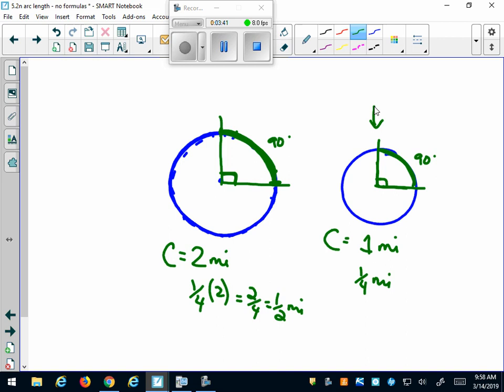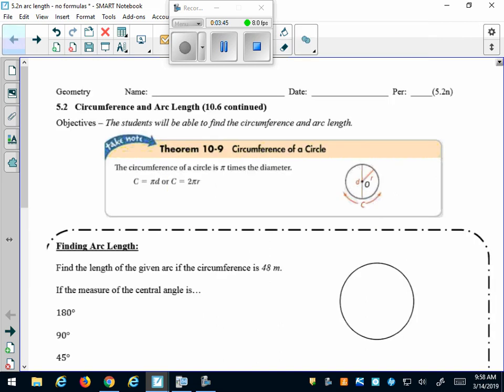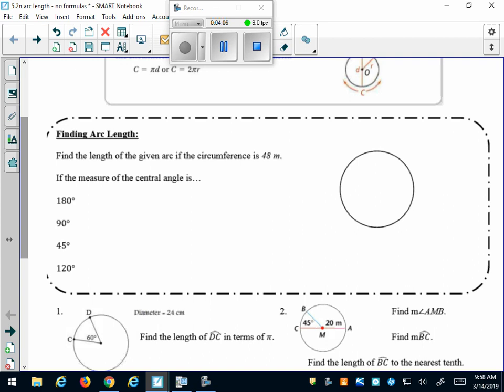So this lesson is basically finding the length of the arc. Now, there's a difference between the measure of the arc, that's in degrees, and the length of the arc. That's in inches, centimeters, feet, miles, meters, whatever. Okay? So here, we're finding the actual length.